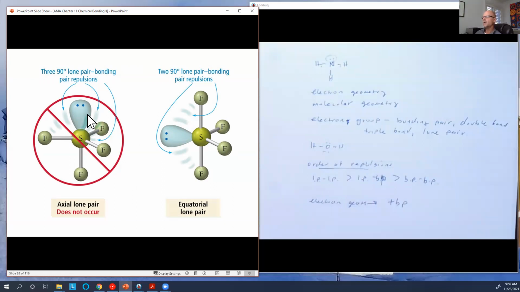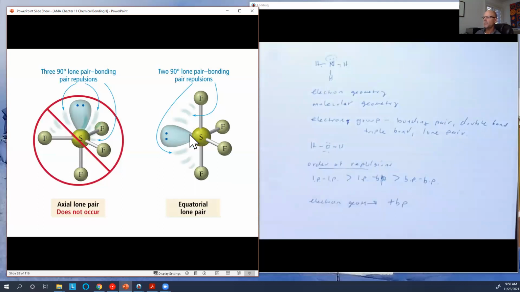So remember, in the trigonal bipyramidal geometry, you have two kinds of sites on that geometry. You have the axial sites, which are these, and then you have the equatorial sites, which are the ones along the equator. If the lone pair were to go here, it would experience 3 90-degree lone pair bonding pair repulsions.